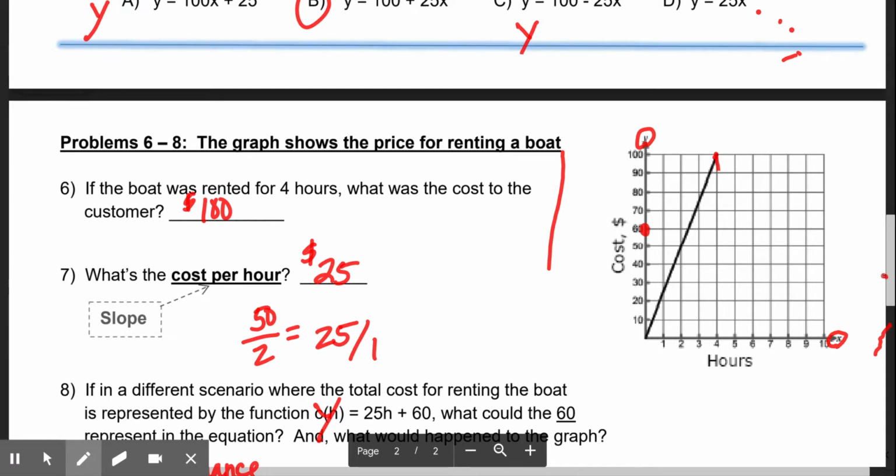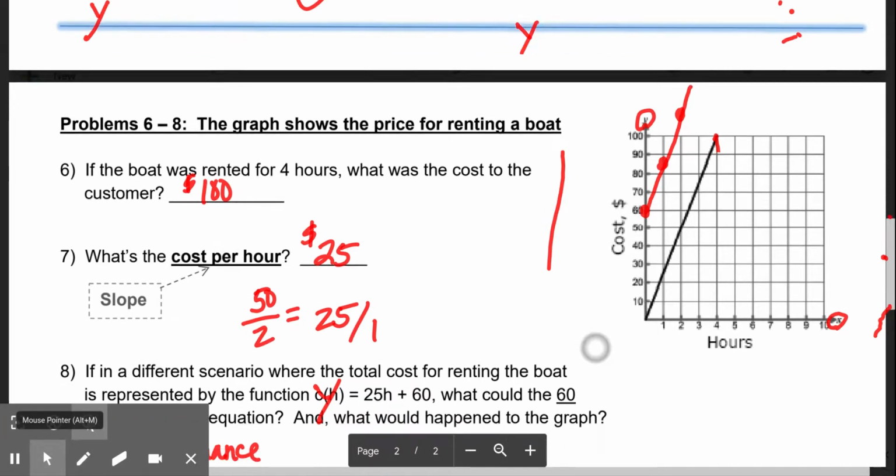So we could go up 25 per 1 hour, and then we could just keep going up that. So it would look like this. It would just mean that it would be moved up, but it's not any steeper, because the slope is still the same. The slope is not going to change. It's not going to angle any different.